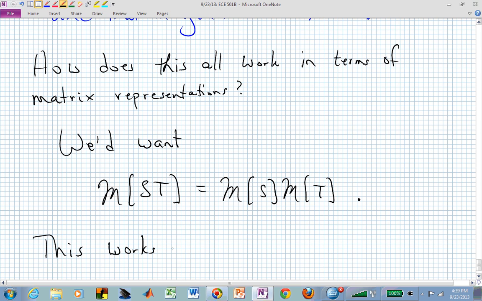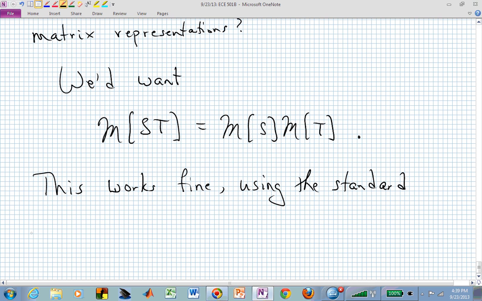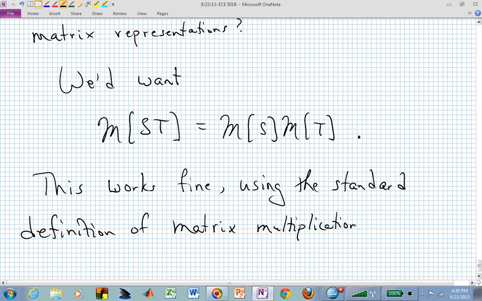And this actually works fine using the standard definition of matrix multiplication.